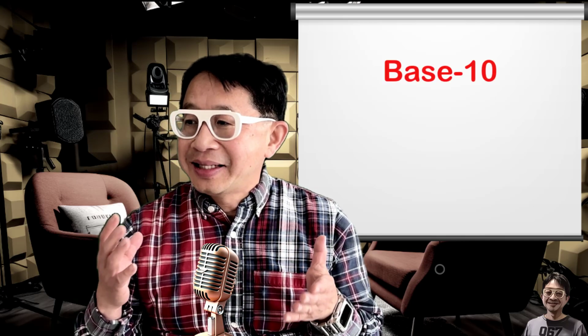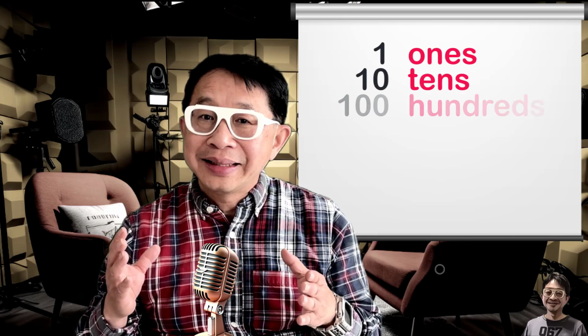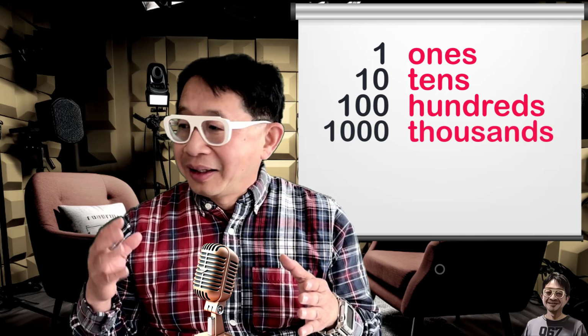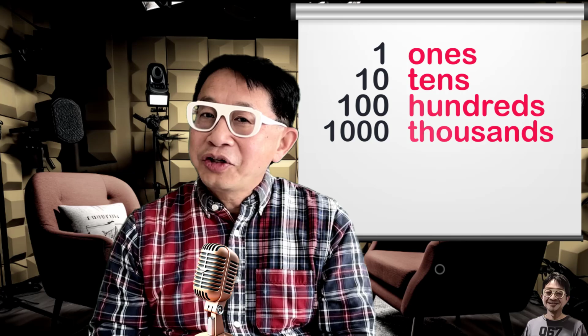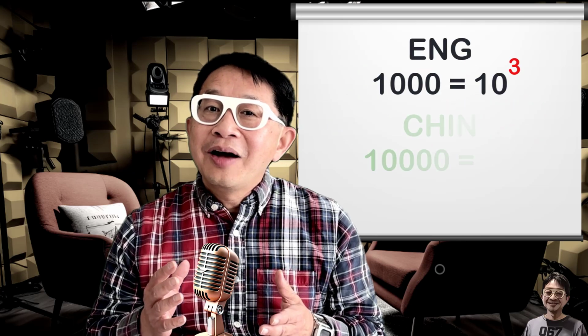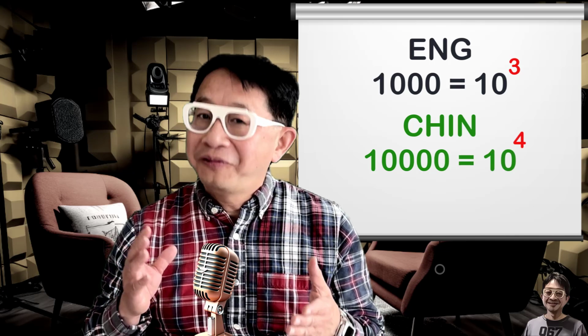Speaking of larger numbers, Chinese and English both operate on a 10-based system, so things remain the same when you go from ones to tens to hundreds to thousands. And after you get above 1,000, things get a little different, because English introduces new units at the order of magnitude 3, whereas Chinese introduces new units at the order of magnitude 4.